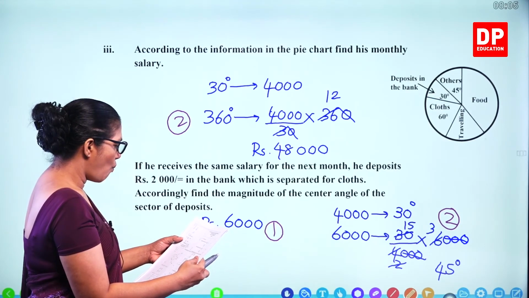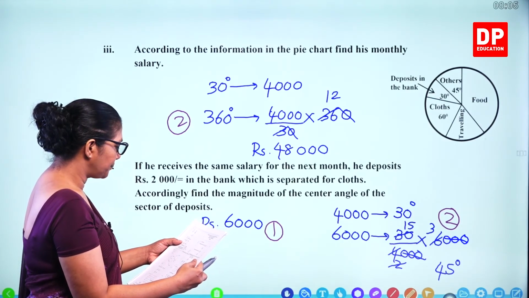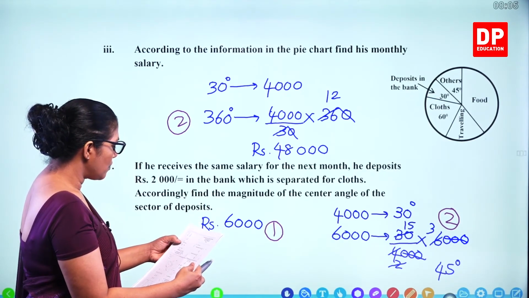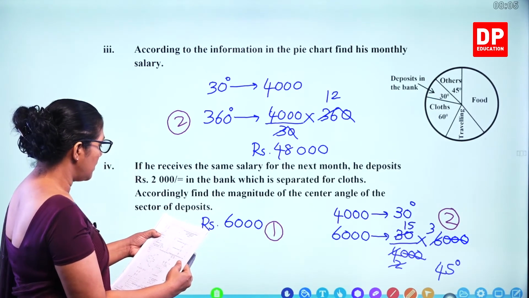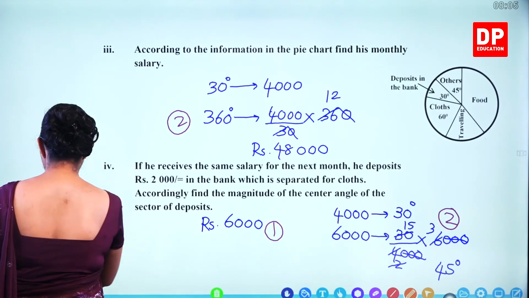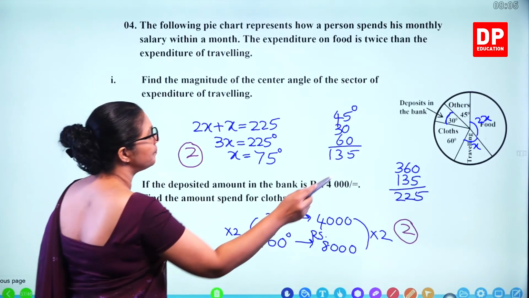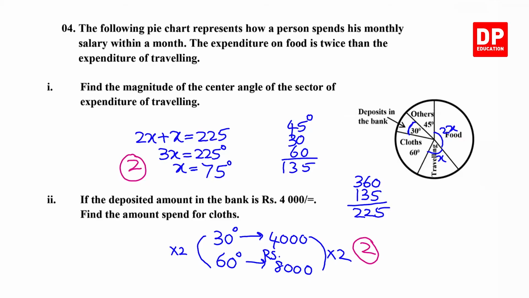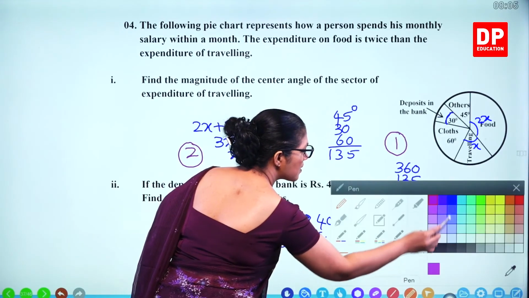Another 1 mark should be given. So for the first part, for the calculation, they have given 1 mark there. So here, finding the angles, just given 1 mark for that. So altogether 10 marks.